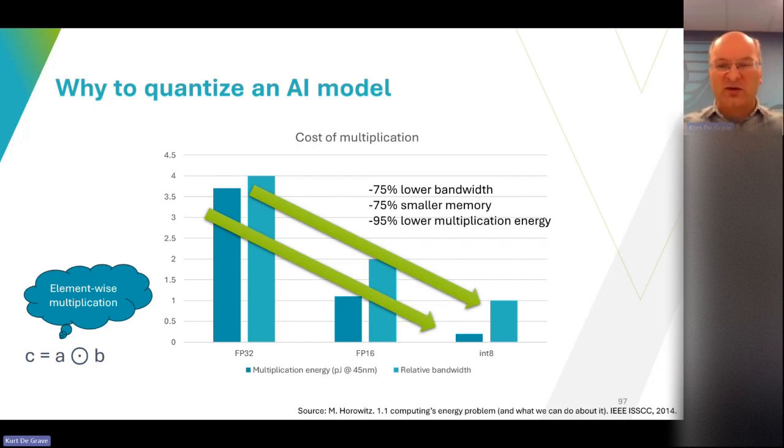It's superlinearly lower. The same or a similar thing holds for required bandwidth and, of course, equivalently required memory for your numbers. Those are proportionately lower when the number of bits in your number representation gets lower.